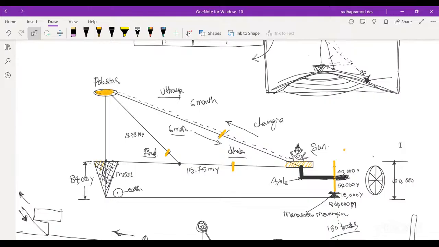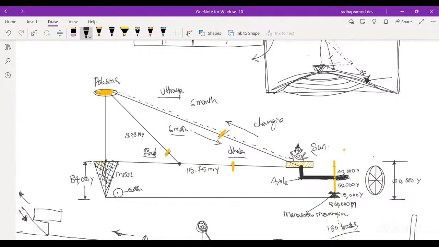What are those? 10,000 yojanas is the height of Manasottara mountain, and the chariot wheel is 90,000 yojanas. So the total is 1 lakh yojanas. From the bottom of this mountain to the top of the wheel is 1 lakh yojanas.